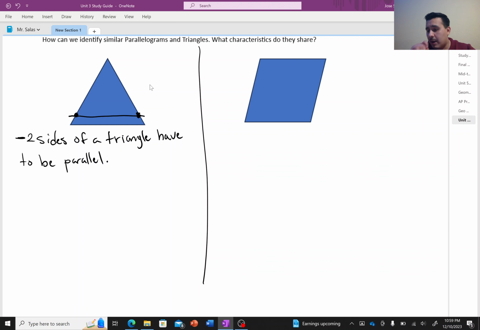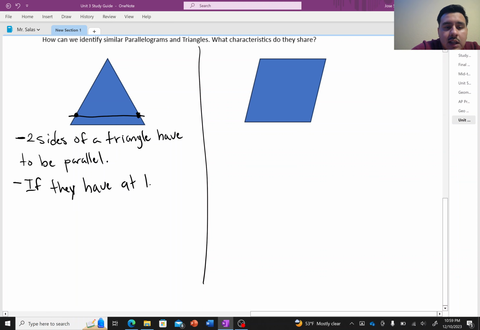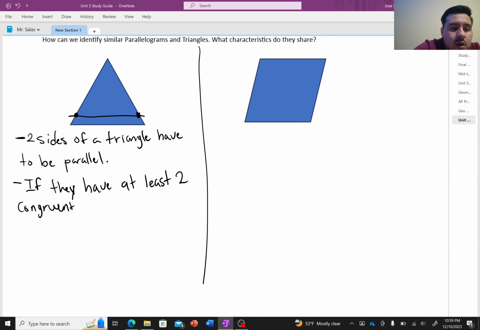The second way that we were able to identify similar triangles was through having at least two congruent angles.